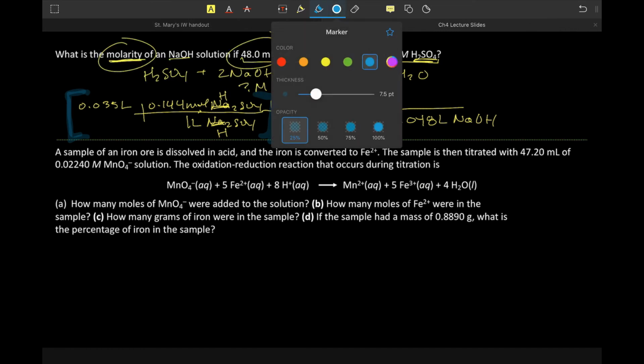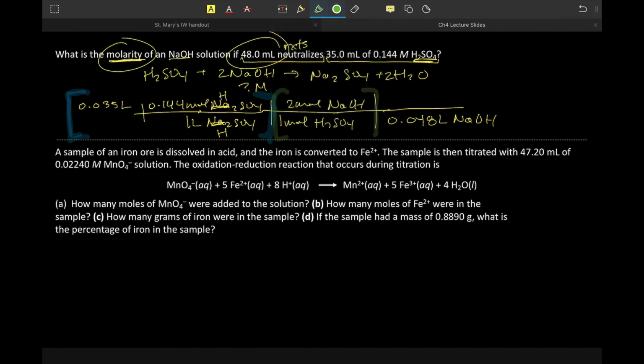Then next step is we would take our mole ratio, and that mole ratio allows us to convert that moles of known into moles of unknown. And then finally, in this case, we used the volume of that unknown to come up with the molarity, right? Does that make sense?